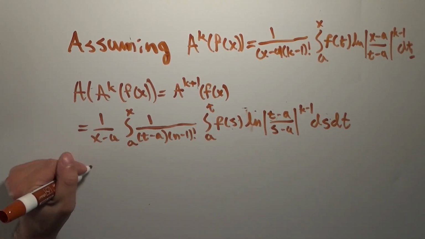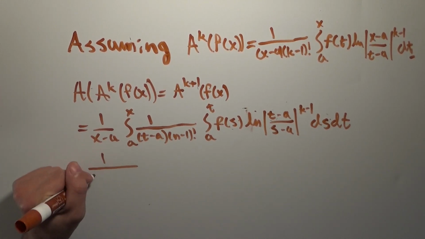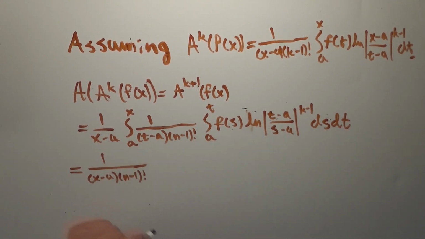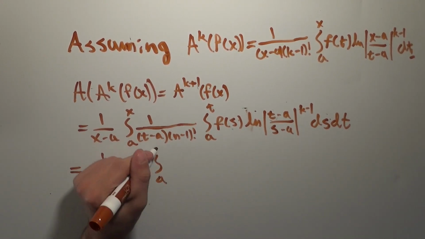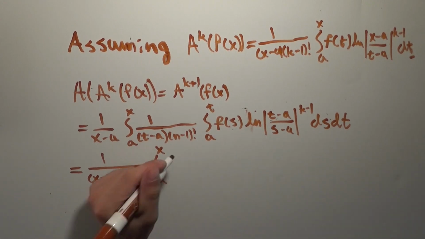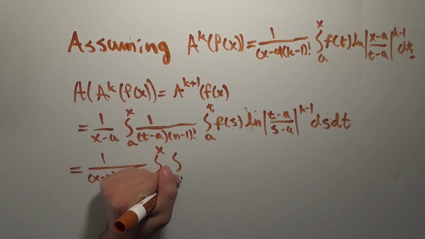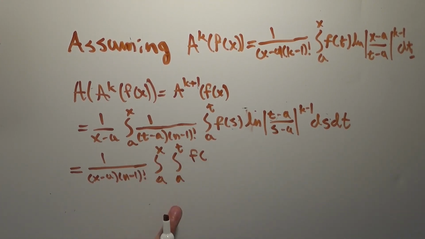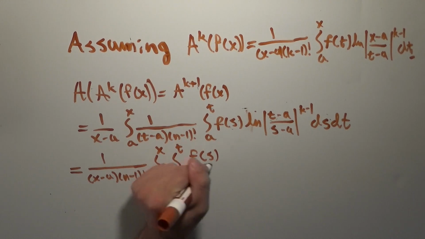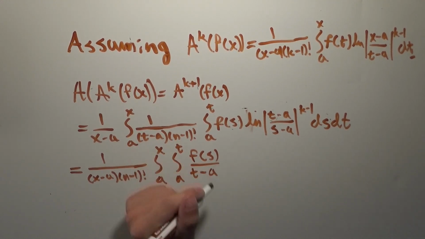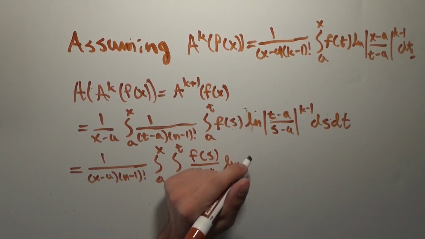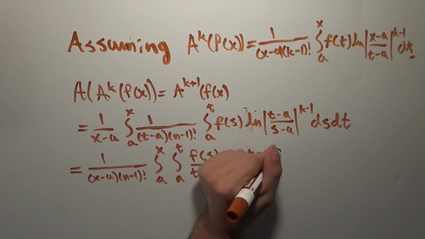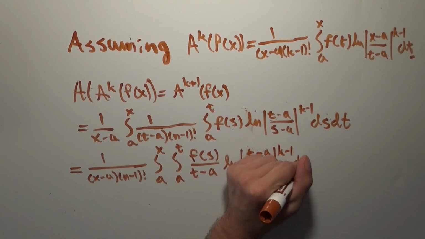So the k minus 1 factorial is going to get pulled out, so we're going to get 1 over x minus a times k minus 1 factorial times the integral from a to x, and we're going to bring the 1 over t minus a into the integral, times the integral from a to t of f of s divided by t minus a, times the natural logarithm of the absolute value of t minus a divided by s minus a to the power of k minus 1 ds dt.